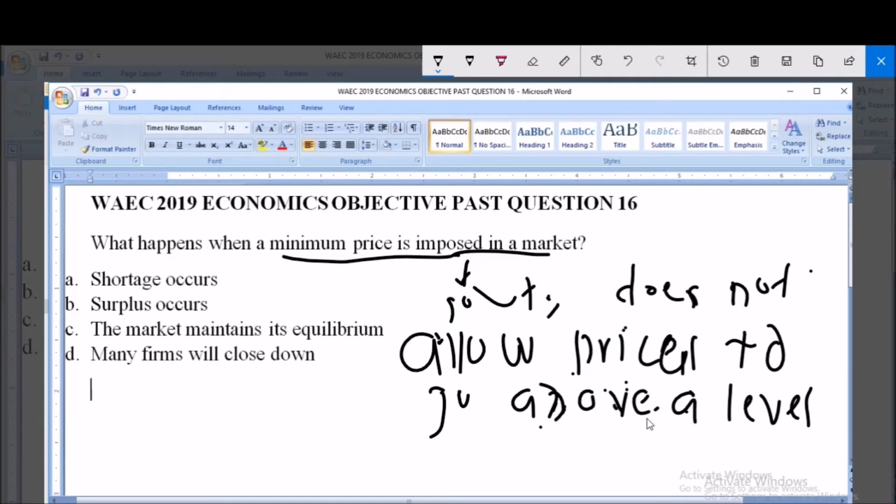Now, usually when the government imposes price and price is not allowed to go above that level, there is usually surplus. There is usually surplus in the market.